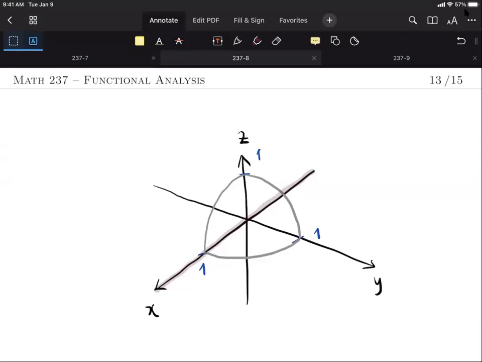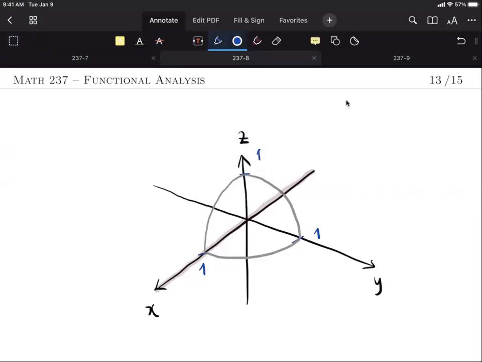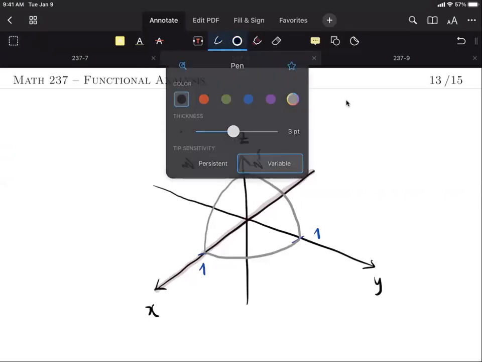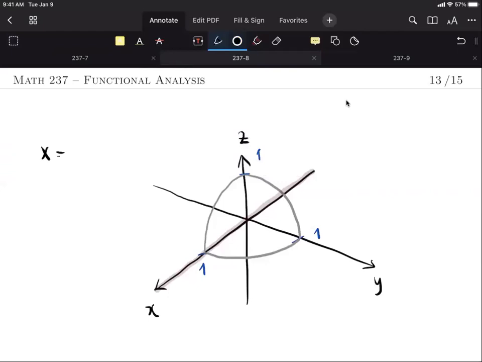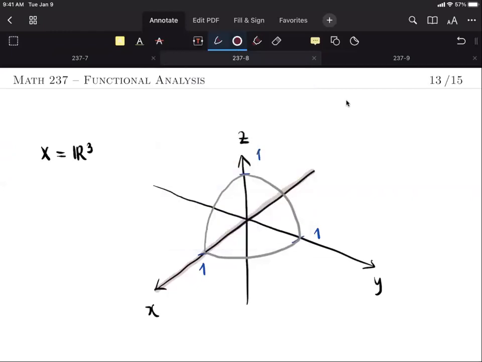So to have an intuition of the content of the theorem, let's say we have X to be R3 and Y to be the x-axis. So that would be R cross 0 cross 0.